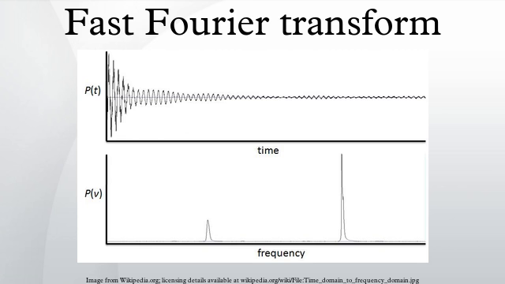Rokhlin, Vladimir. Tygert, Mark. Fast Algorithms for Spherical Harmonic Expansions. SIAM J. Sci. Computing 27, 1903-1928. doi 10.1137/050623073. James C. Schatzman, 1996, Accuracy of the Discrete Fourier Transform and the Fast Fourier Transform, SIAM J. Sci.